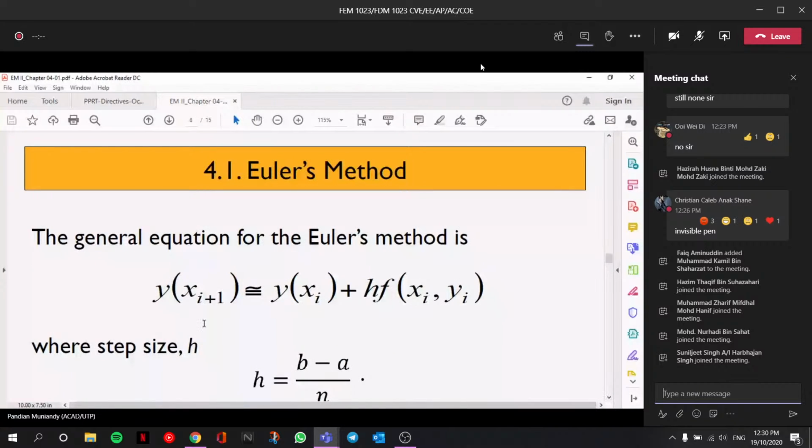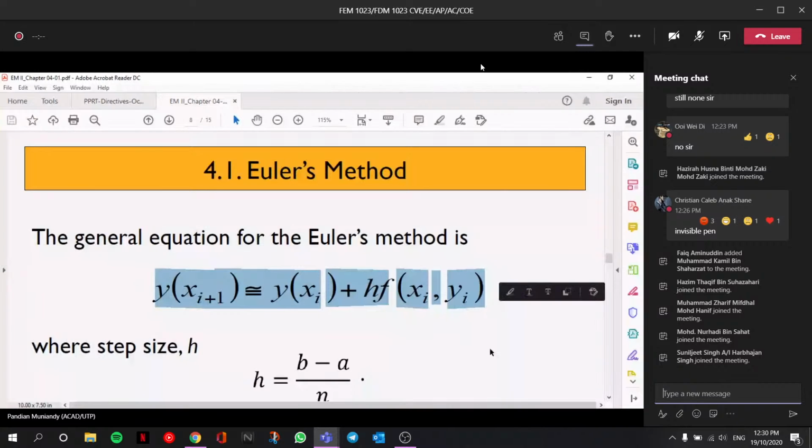That is the difference from chapter 1 to 3. So y(x_{i+1}) approximately equals y(x_i) plus h f(x_i, y_i). This is your iterative equation. So the Euler method uses iteration to find the output.